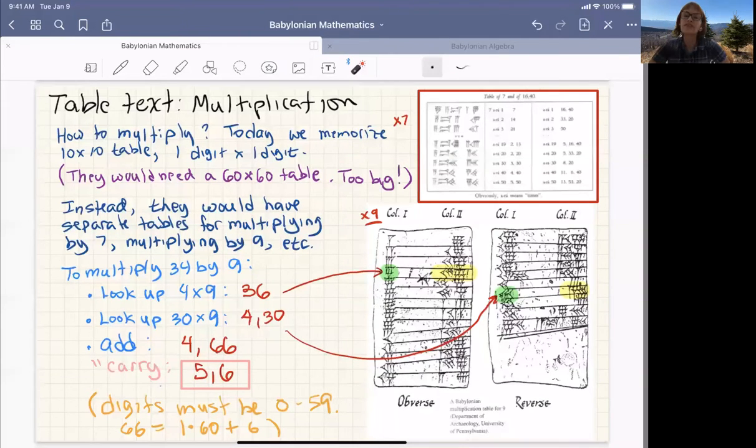So remember that even though they're using a base 60 number system, their digits are written in base 10. So basically, what this amounts to saying is they knew the distributive law and they made use of that so that they didn't have to make times tables for numbers that were bigger than 10.